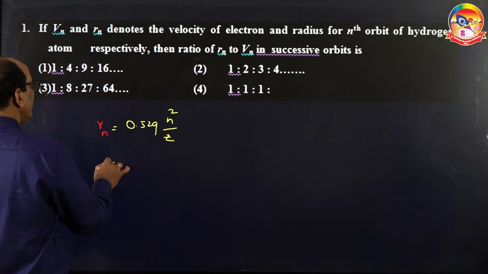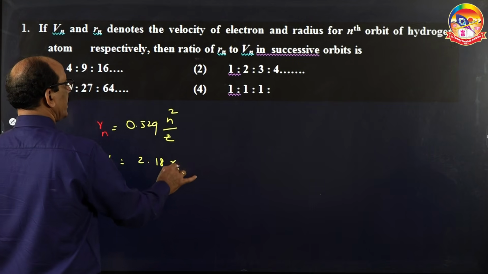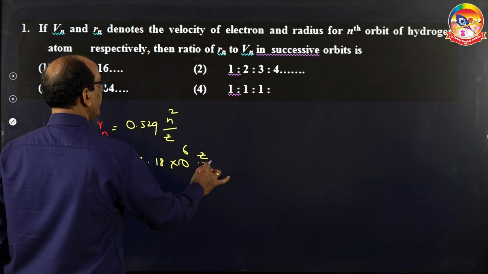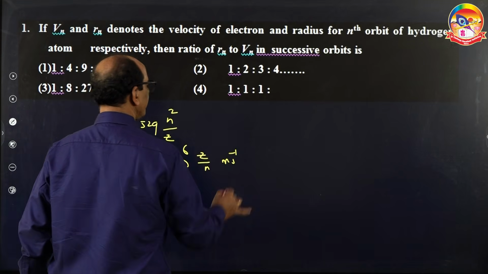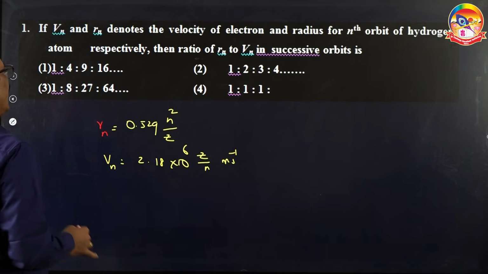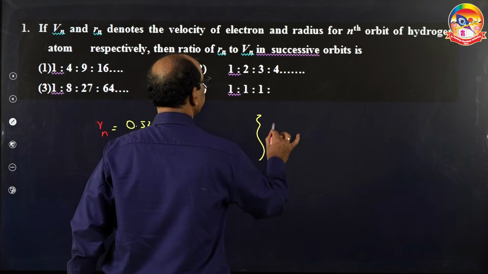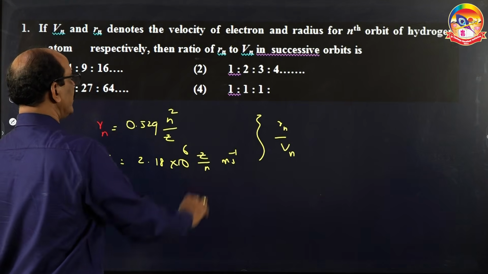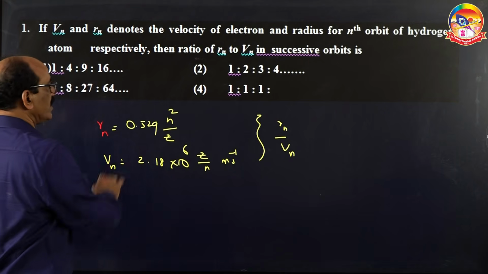Also the velocity of the electron in the nth orbit is 2.18 into 10 raised to 6 into Z by n, in meters per second. So our task is to find the ratio of Rn to Vn. In the same atom, Z remains constant, and we are anyway talking about the proportions.